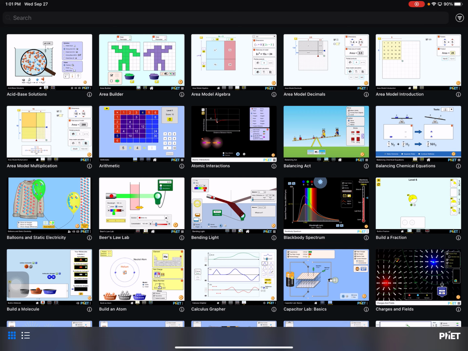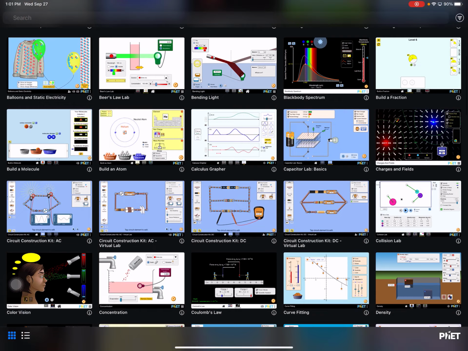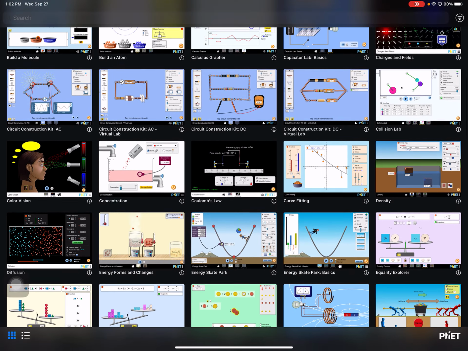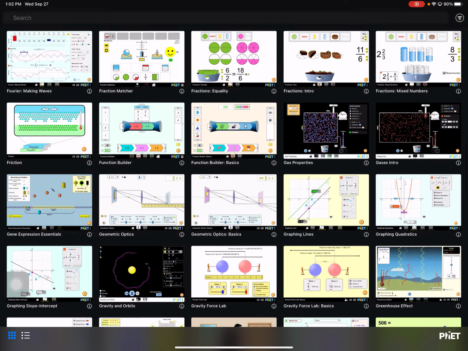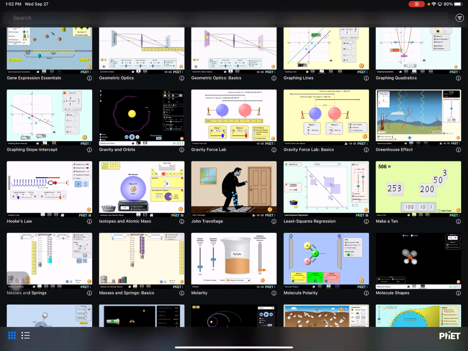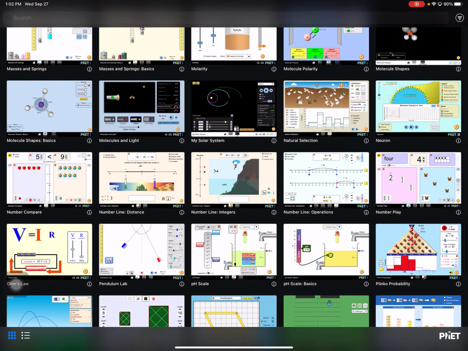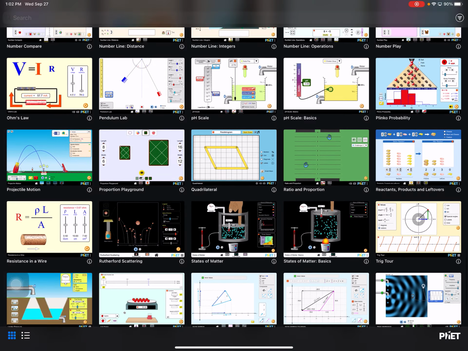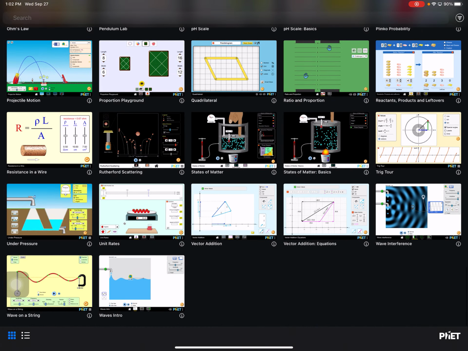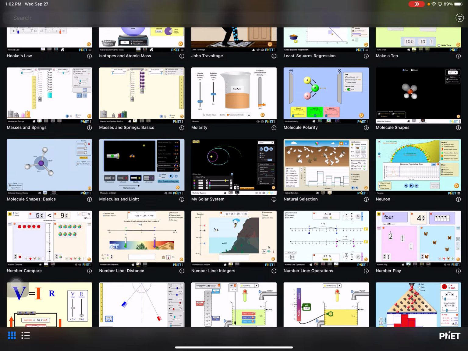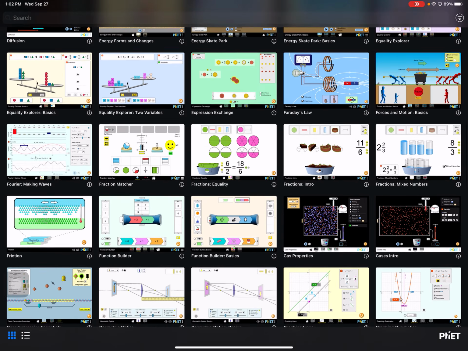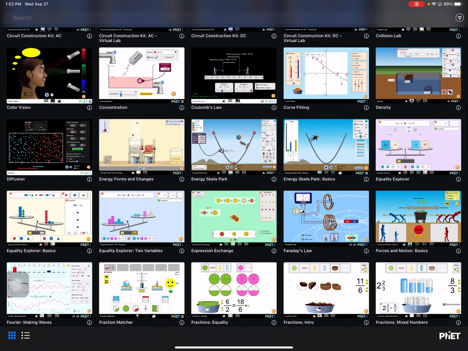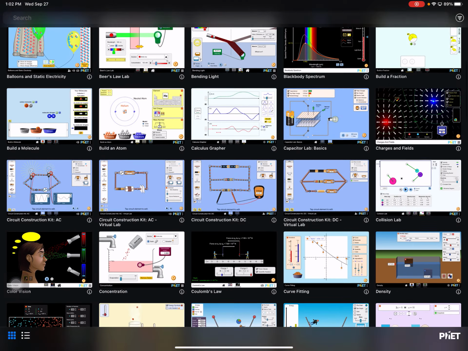All right, let's see where are the friction forces. Where's the friction app?